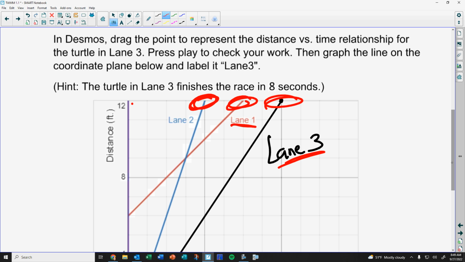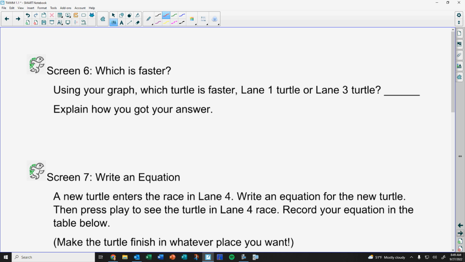Anyone know? Well, he started at 6, but what's it going up by every time? He's going 1 foot. So lane 1 is going 1 foot per second. That's the speed. He starts at 6, but at 1 second he's at 7, at 2 he's at 8, at 3 he's at 9, right?